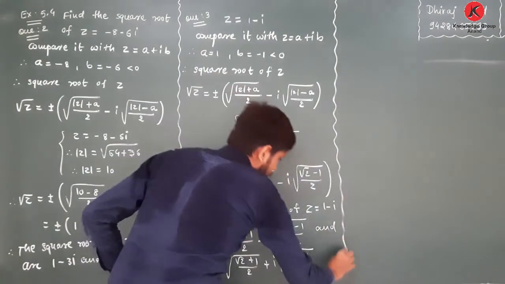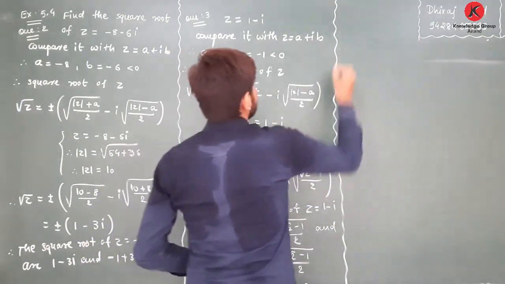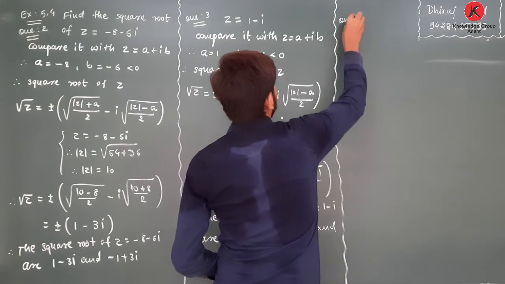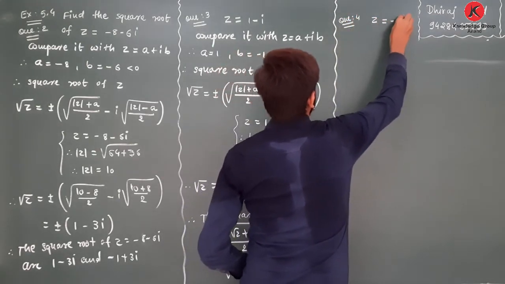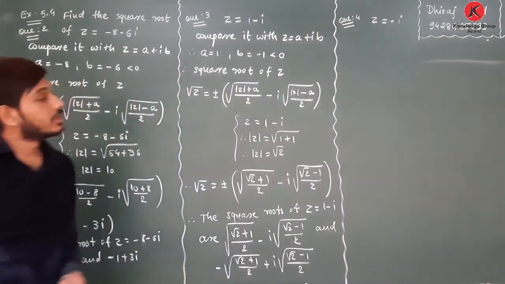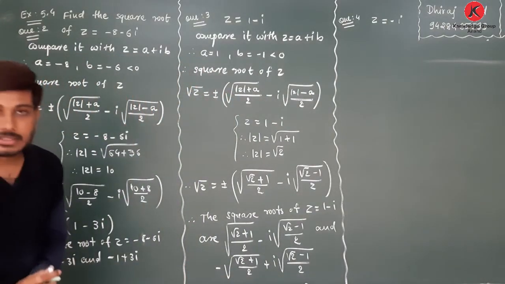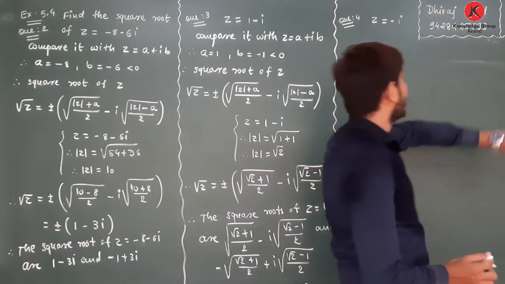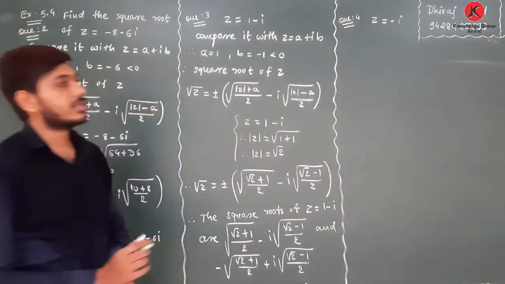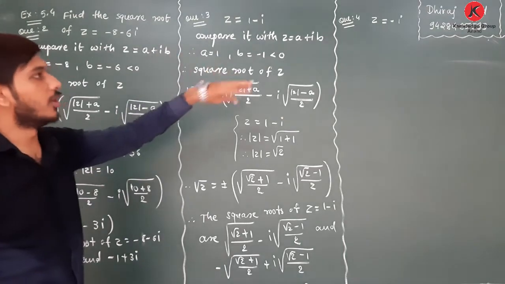The question is question number 4. Here z equals minus i. Question number 4 is z equals minus i. See, is the question already in standard form or not? It is already in standard form here.